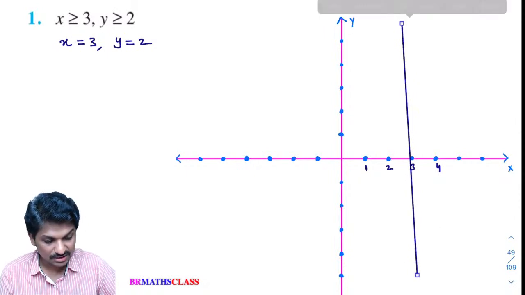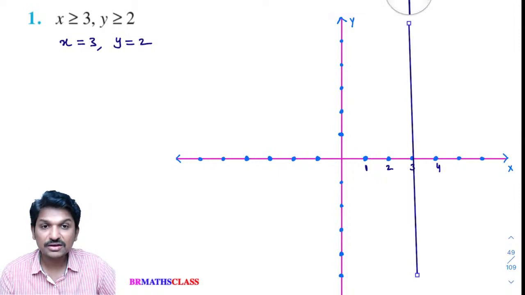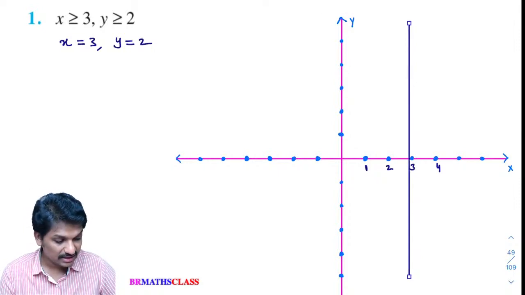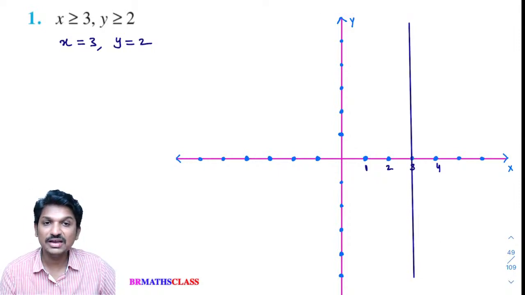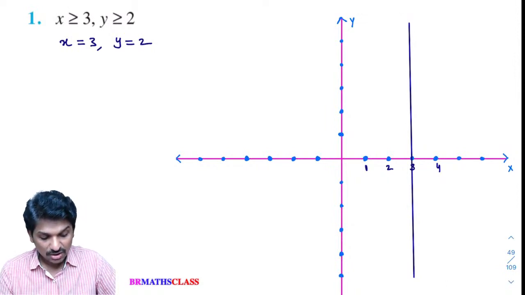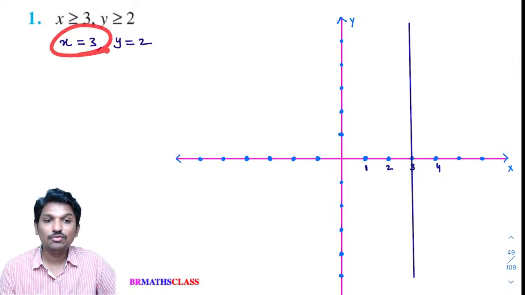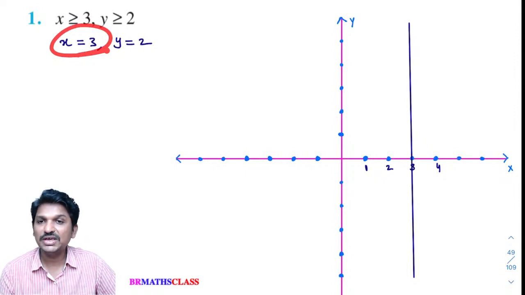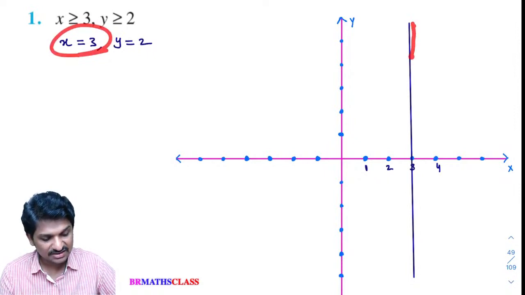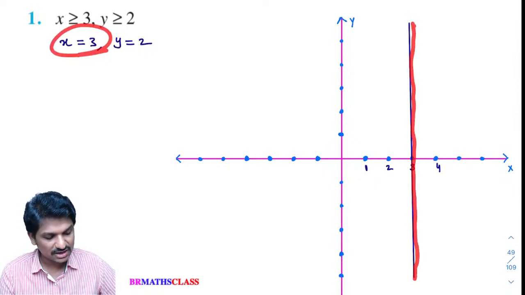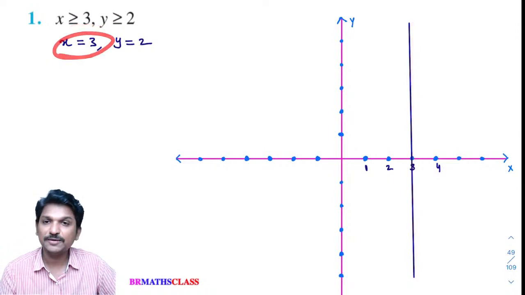It didn't come properly, right? The x equal to 3 line will be like this. This is the line x equal to 3. What do you know about x equal to k? It is a straight line parallel to the y axis. Here x equal to 3 is a straight line parallel to the y axis at x equal to 3. You need to draw the line.